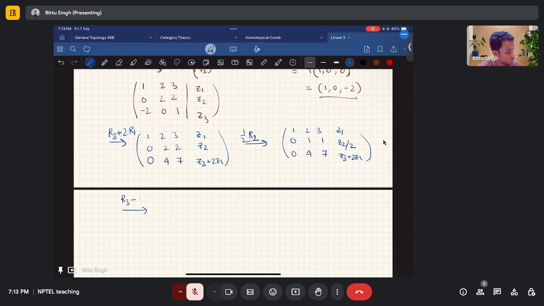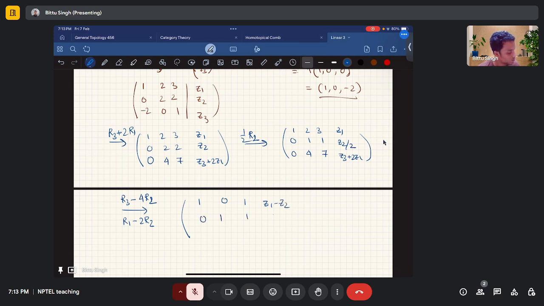R3 minus 4 times R2, and R1 minus 2 times R2. This will give me 1, 0 here, and minus 2 means 1, and Z1 minus 2 times this. 2 times this means Z2 itself, so Z1 minus Z2.